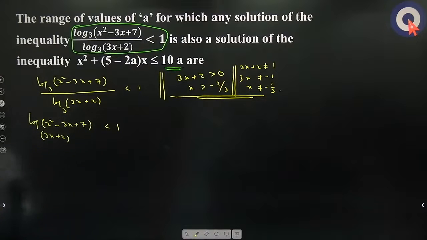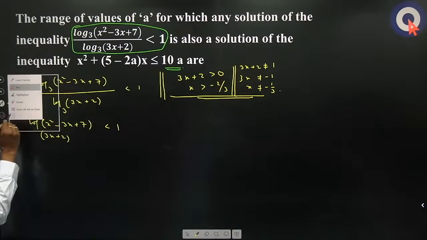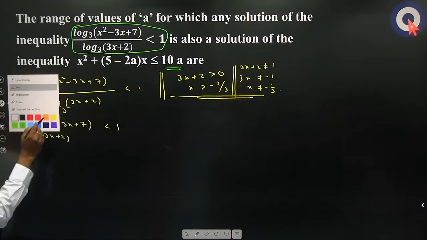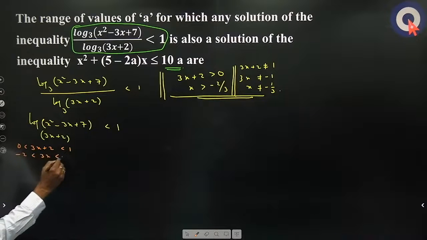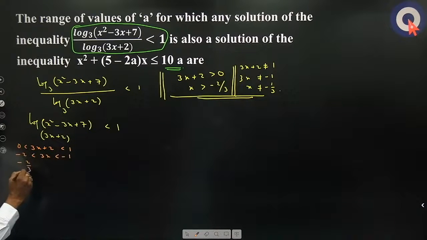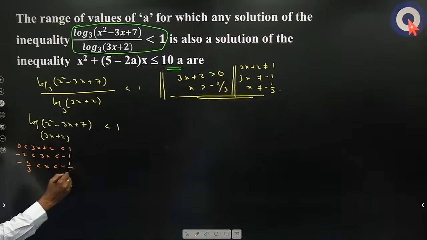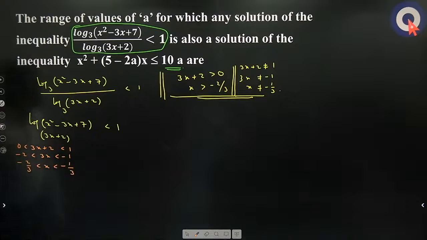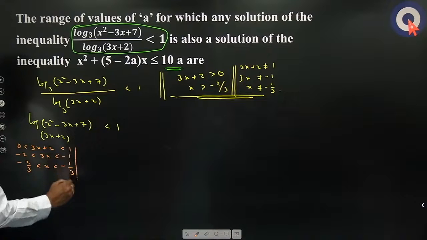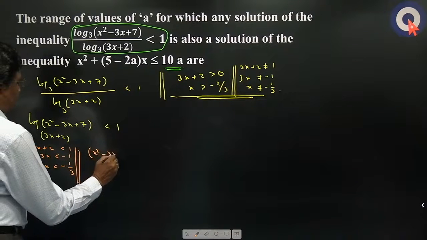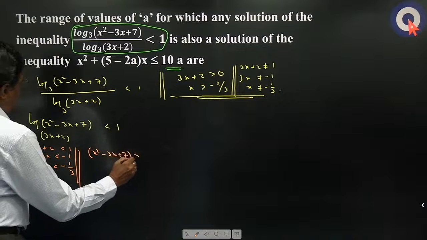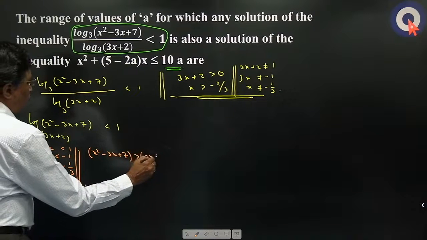When the base lies between 0 and 1, that is when 3x + 2 lies between 0 and 1, that is when x lies between −2/3 and −1/3, the inequality becomes x² − 3x + 7 greater than (3x + 2) to the power 1.